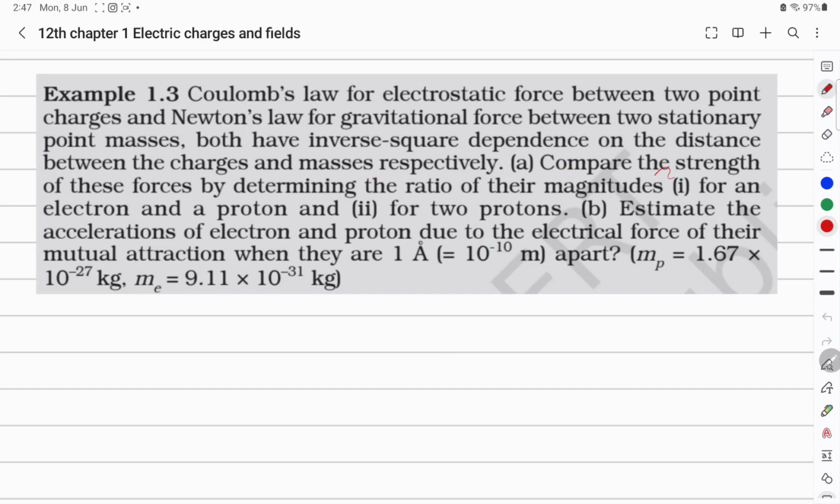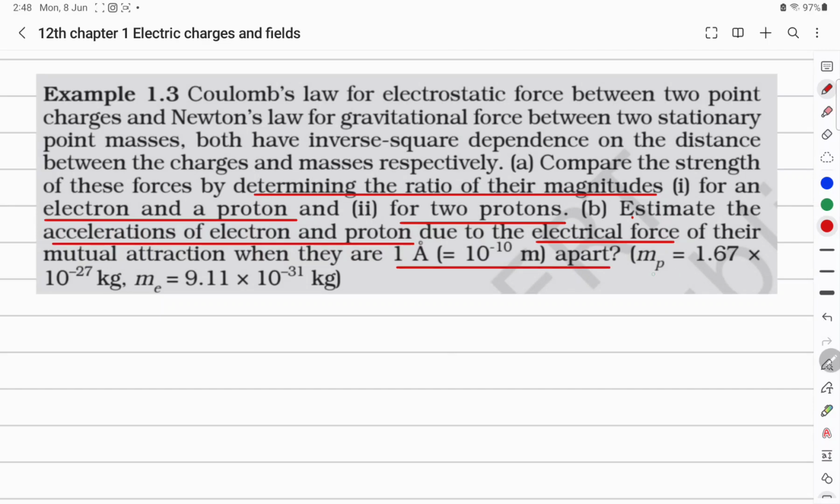So we need to compare the strength of these forces by determining the ratio of their magnitudes for an electron and the proton, and also for the two protons, and then estimate the acceleration of electron and proton due to electrical force of their mutual attraction when they are 1 Angstrom apart.